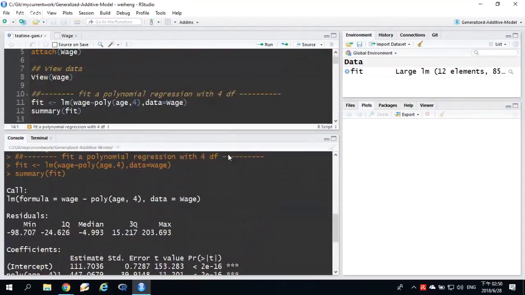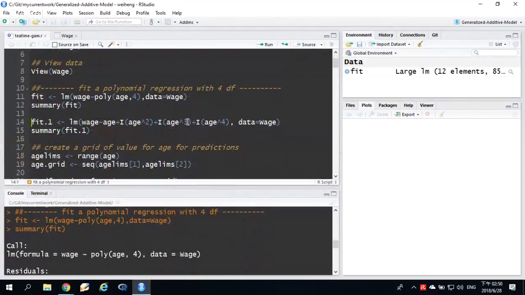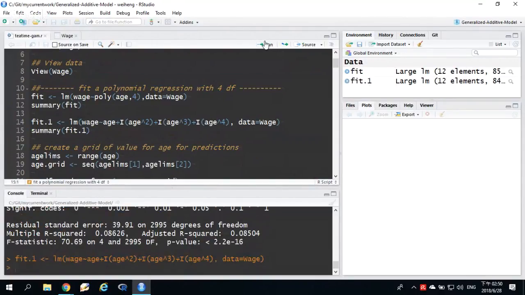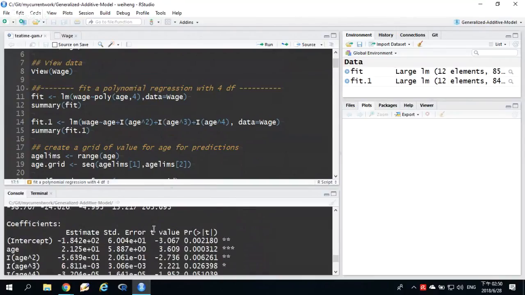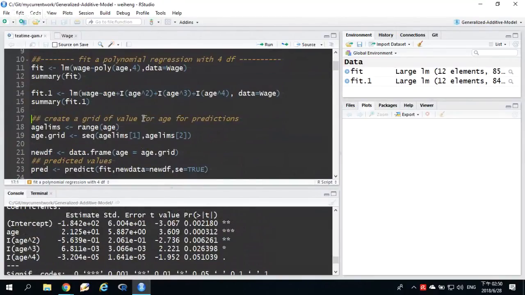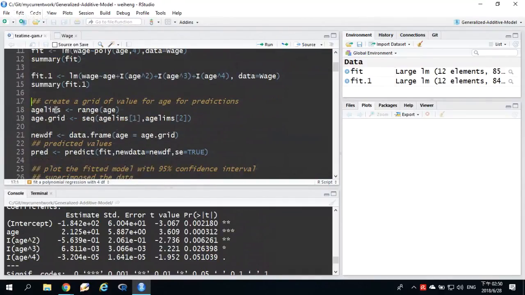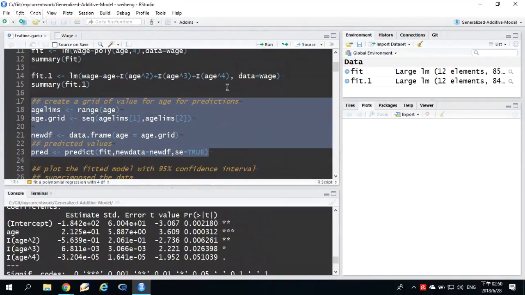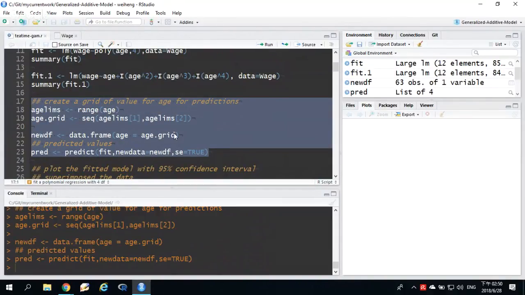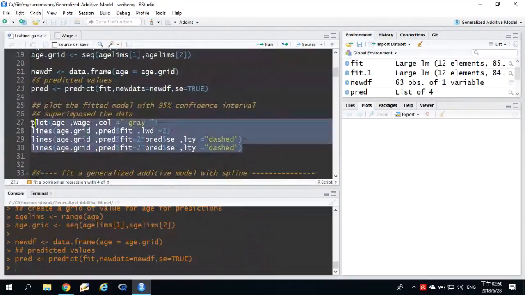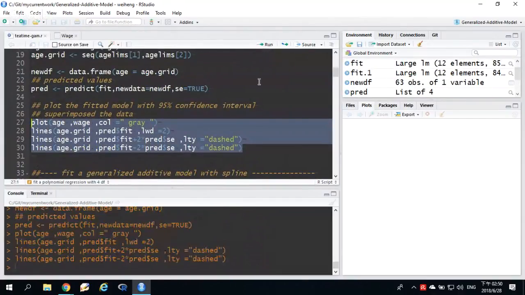You can also just type each term, the square term, the cubic term, and then they will show the same results. Then we can use this function to make predictions and plot the predicted model. We use this, and we can plot it this way.